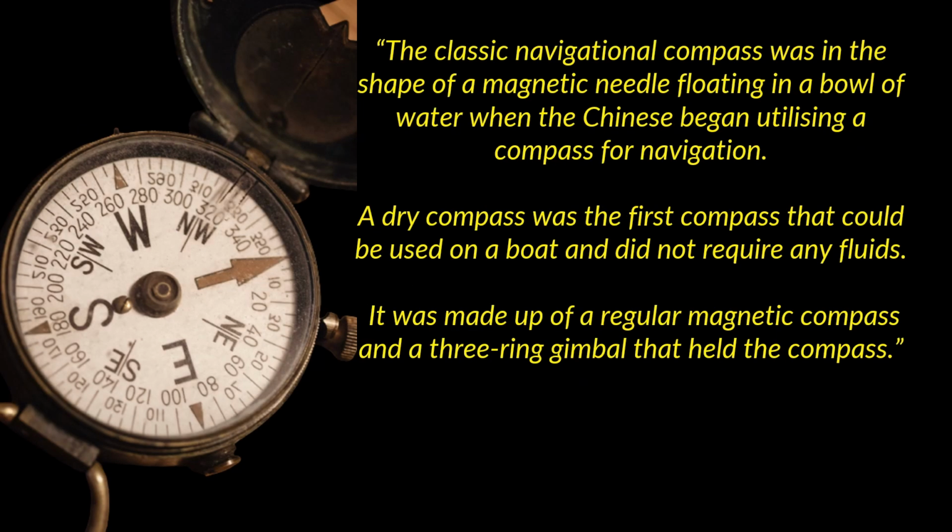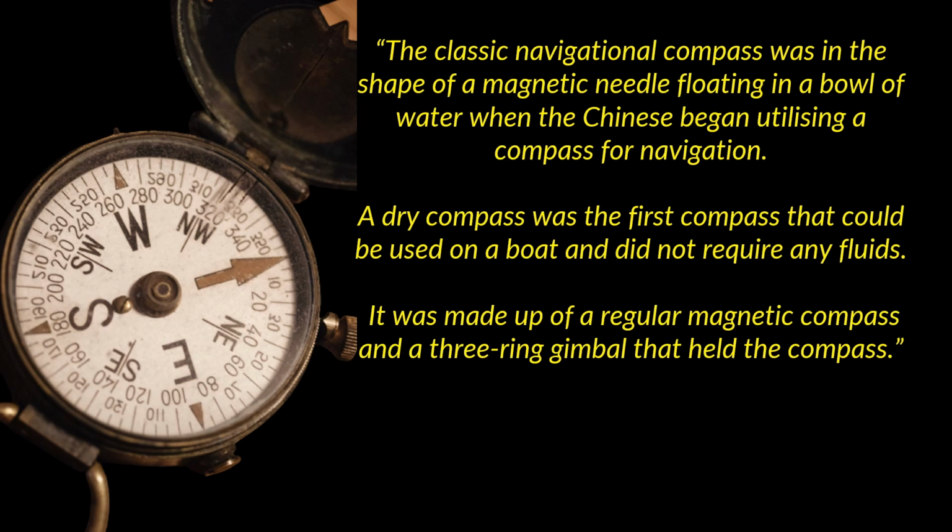The classic navigational compass was in the shape of a magnetic needle floating in a bowl of water. When the Chinese began utilizing a compass for navigation, a dry compass was the first compass that could be used on a boat and did not require any fluids.